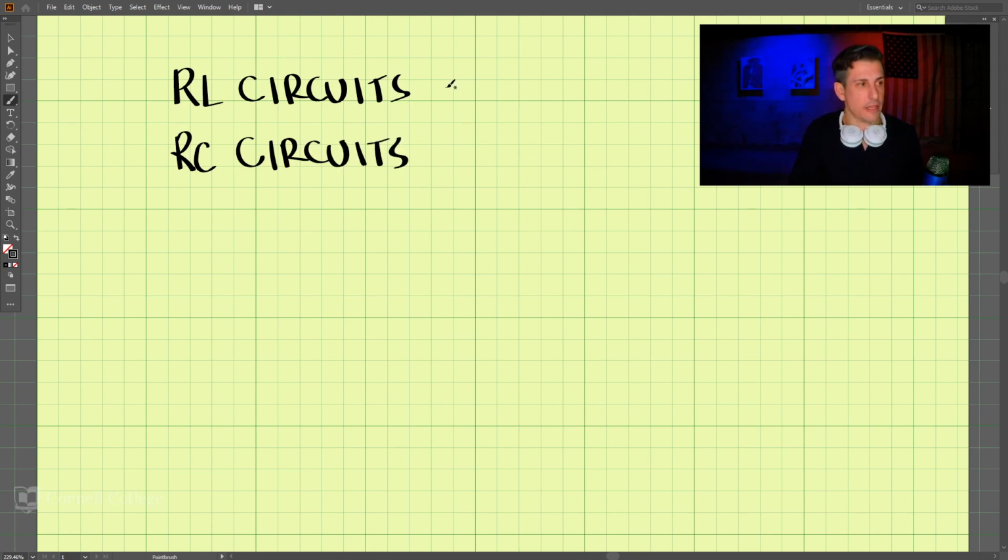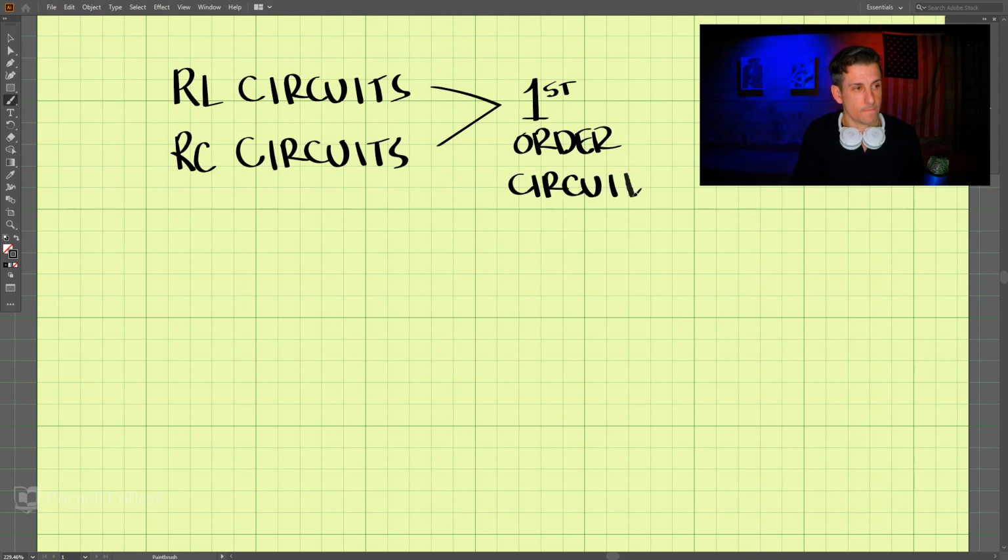And both of these are first order circuits, meaning they have things like dV/dt and di/dt. This is a first order circuit.